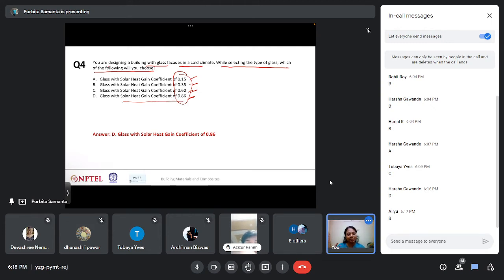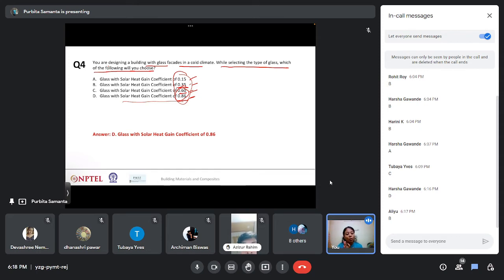You wouldn't want a glass having lesser solar heat gain. As Aju says it's B, but you have other options, for example 0.60, 0.86. Since 0.86 is the highest, that is why 0.86 is the answer.